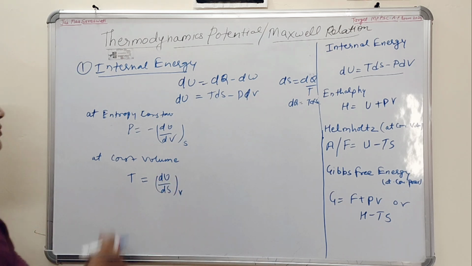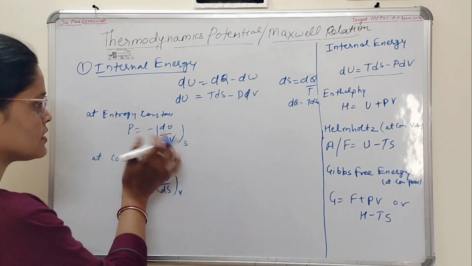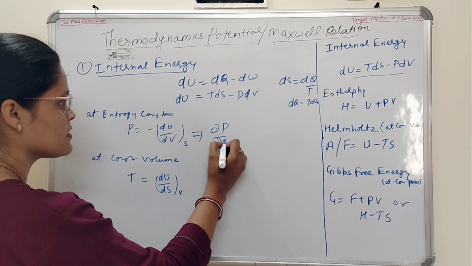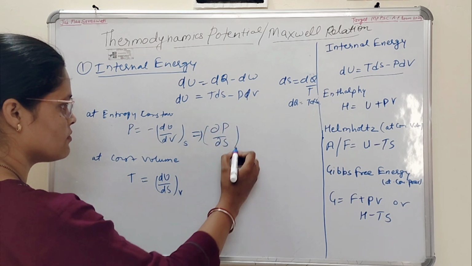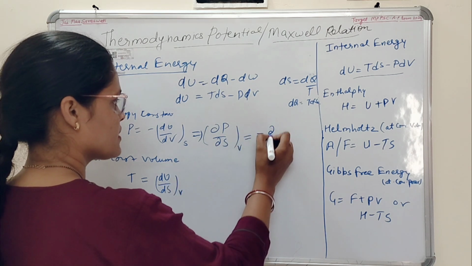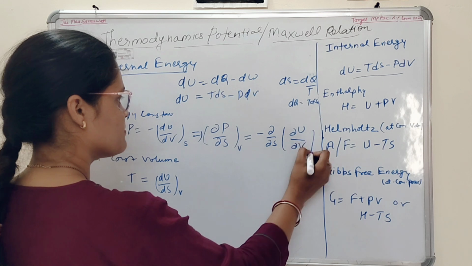Now in the next step we have to differentiate this P and this T with respect to the other variable. So, delta P by delta S at constant volume, which comes out delta by delta S of delta U by delta V.